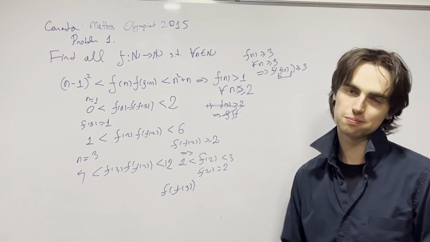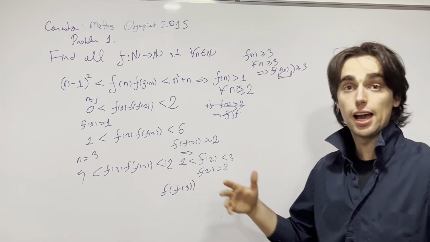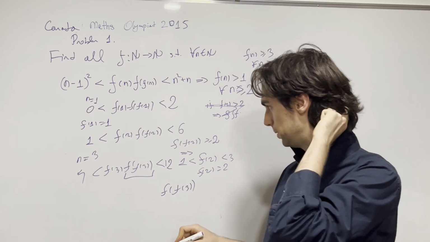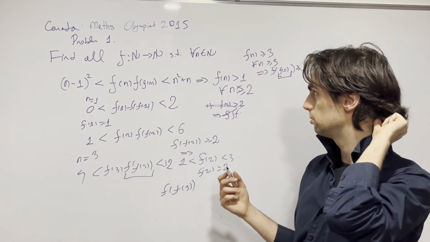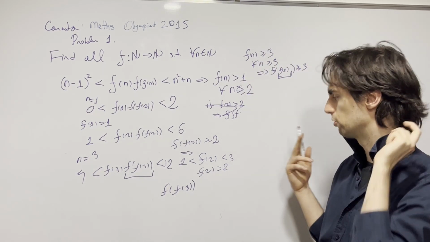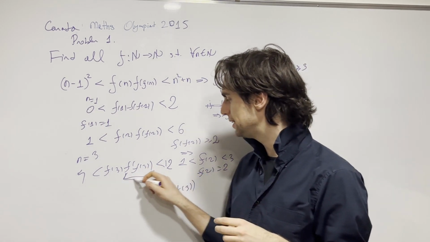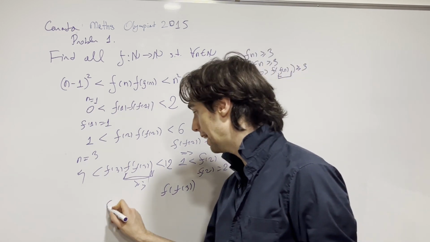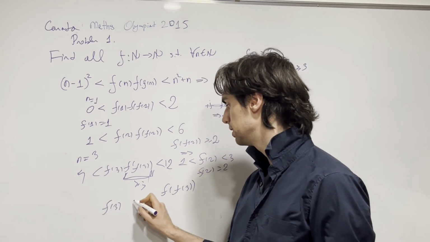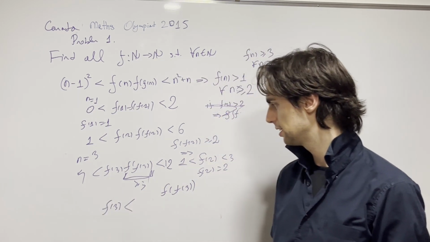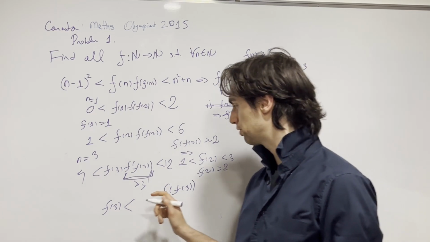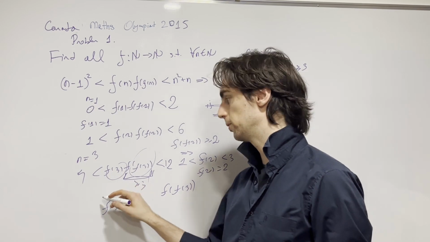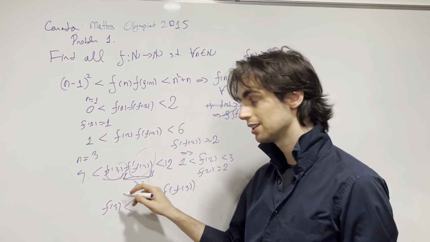If this was 4, we'd have a contradiction. So actually, not necessarily, we wouldn't necessarily have a contradiction, but that means this is going to be greater than or equal to 3, which means that f of 3 is going to be strictly less than, actually, this times this is going to be greater than or equal to 3 times this.